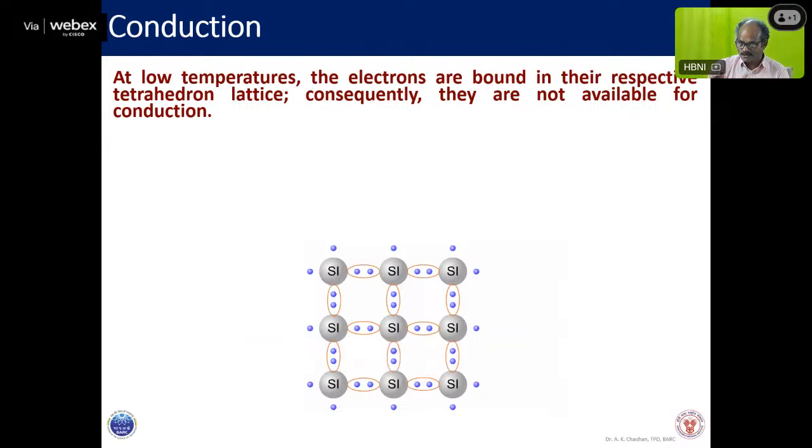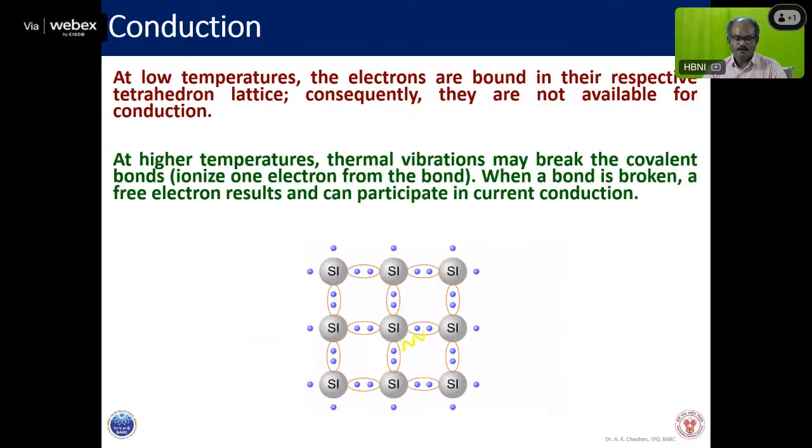So at absolute 0 Kelvin, all the atoms and all the bonds are intact, there is absolutely no free electron available, and therefore silicon, which is a semiconductor, will behave like an insulator at 0 Kelvin.